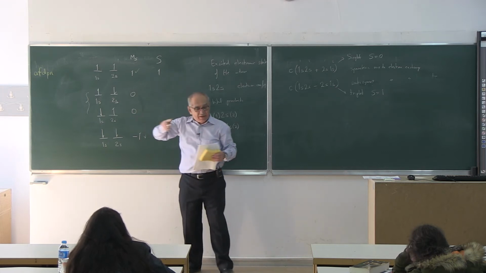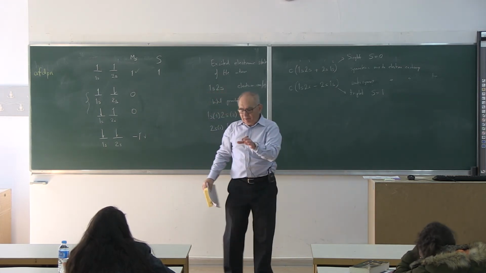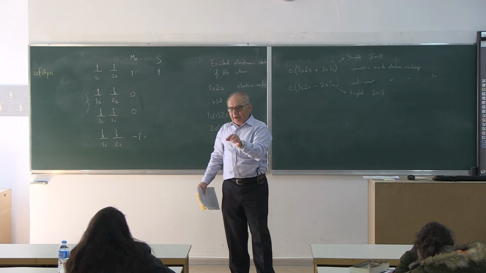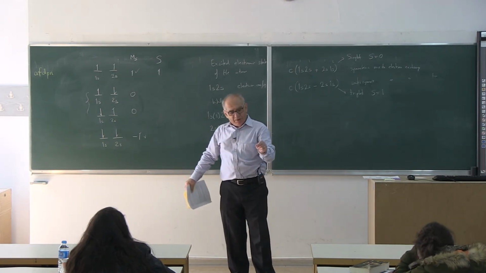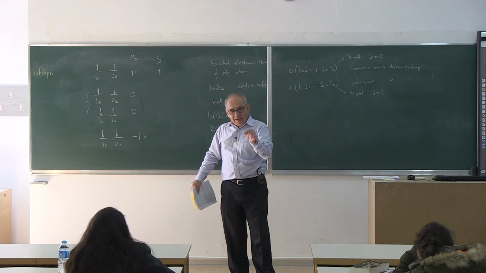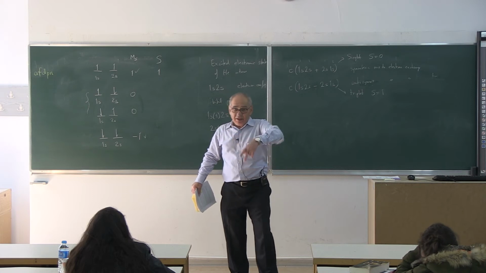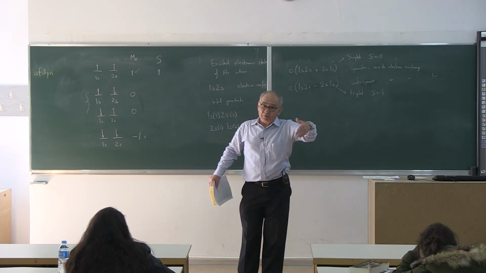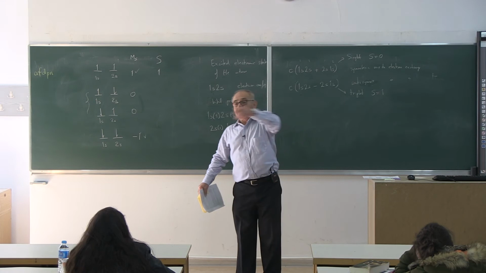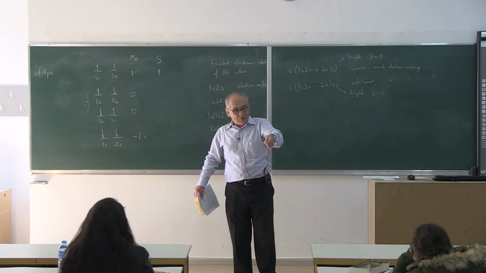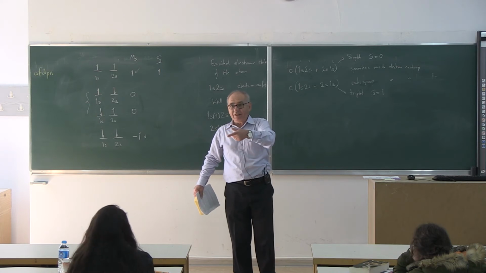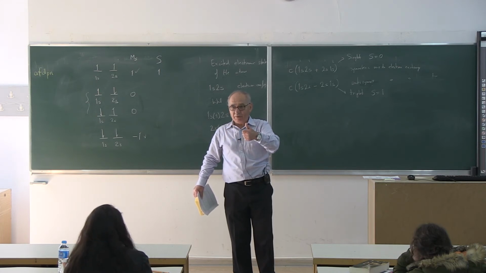We make the following conclusion: one of these should correspond to ms equals 0 of s equals 1. The other one must correspond to ms equals 0 of another s value. But what should the other s value be? It can only be 0.